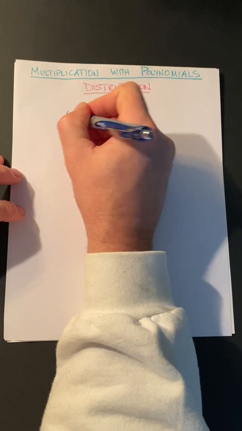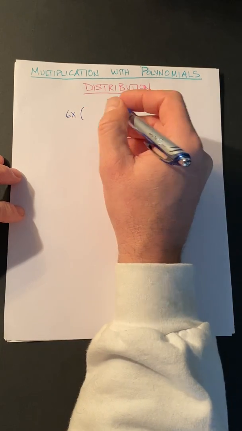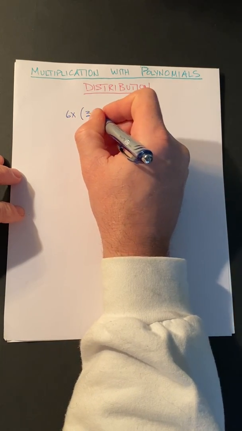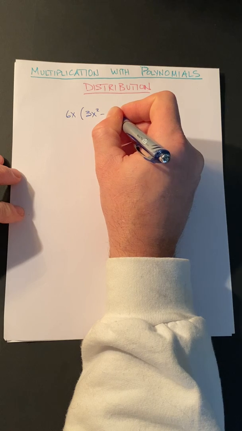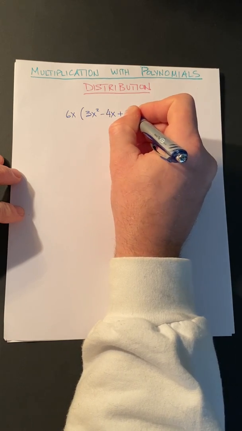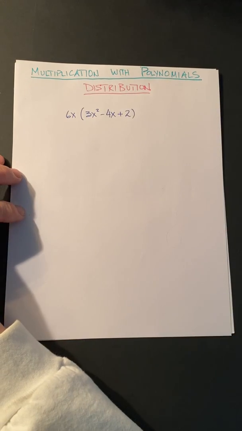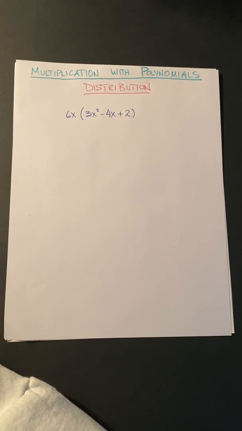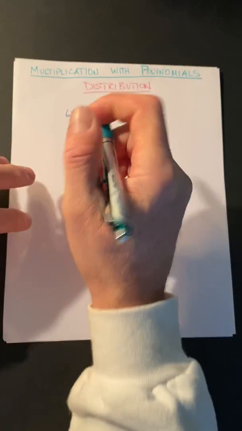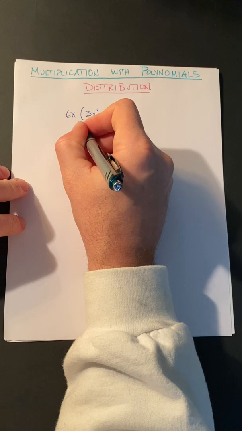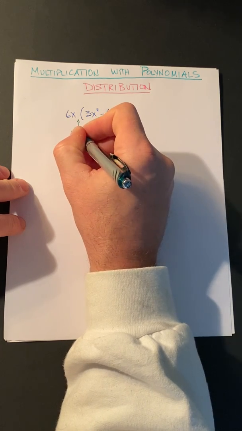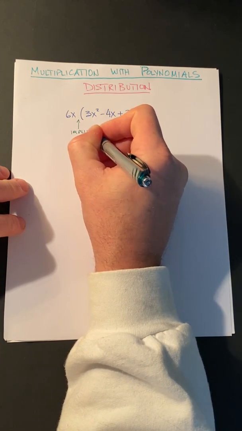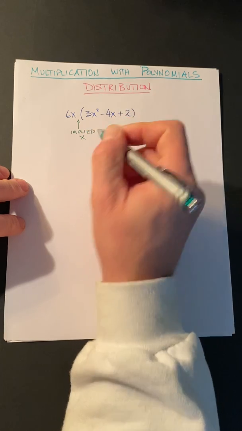So if I have 6x multiplied by 3x squared minus 4x plus 2, I want to think in terms of this operation, which is implied multiplication, okay?